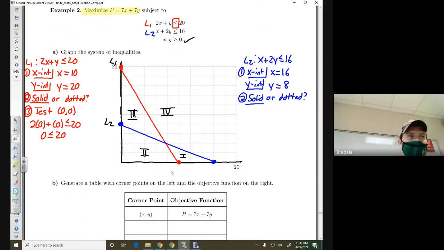We get a true statement, which means we shade below the red line. Shade below L1, because we obtained a true statement. That rules out 4 and 1 here, because those are above the red line.